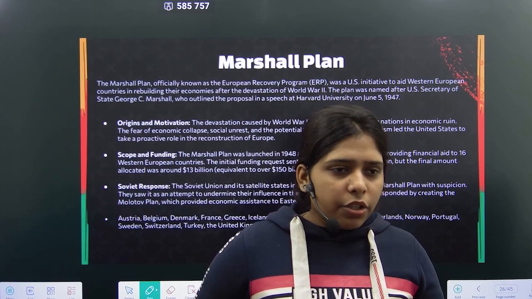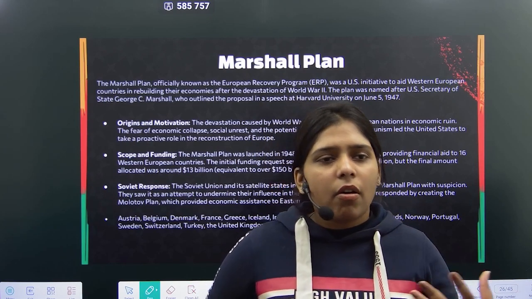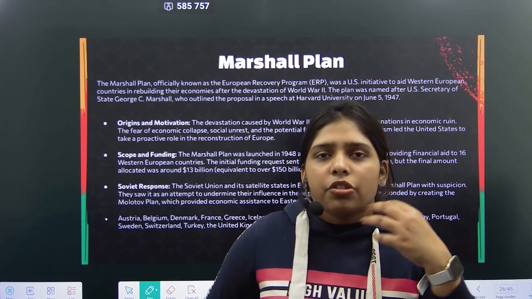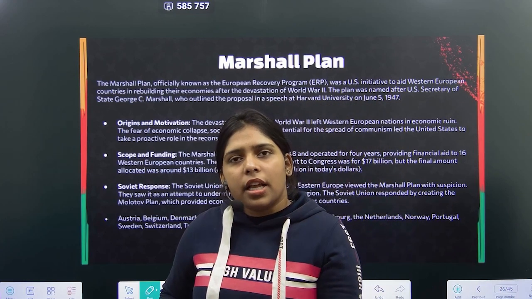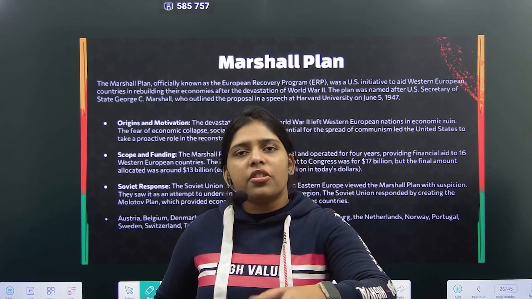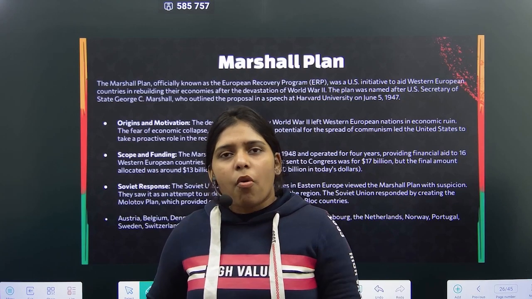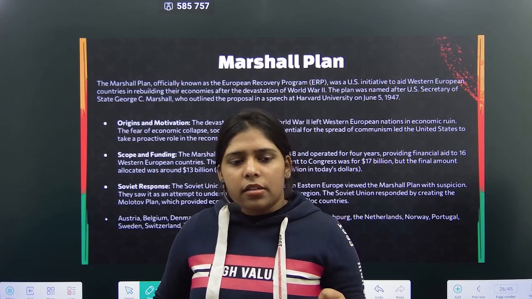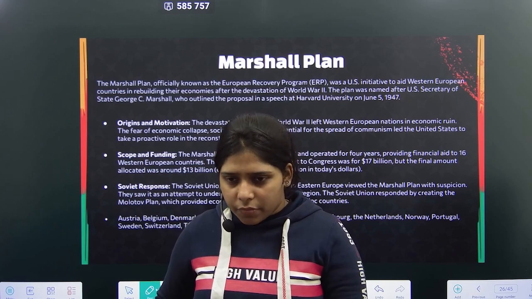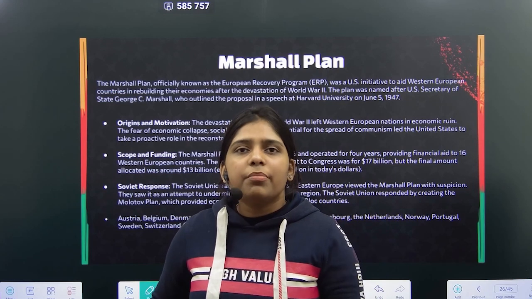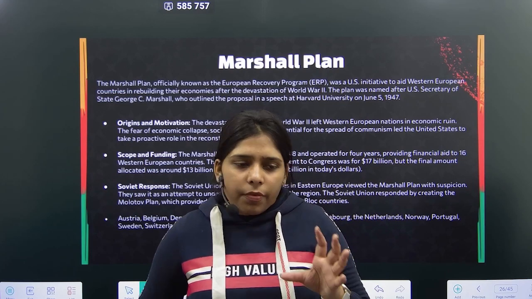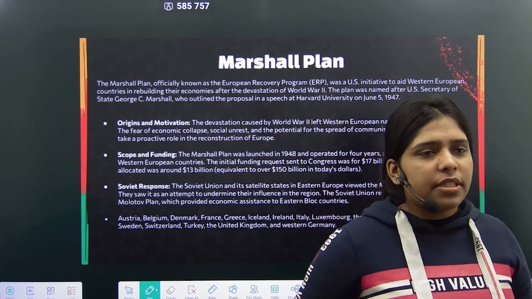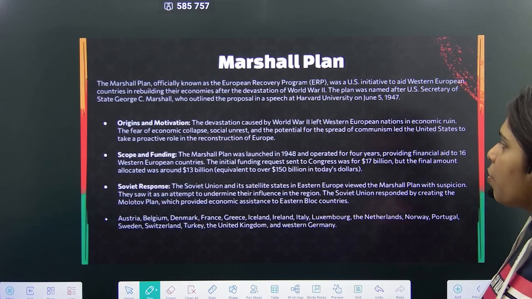So the US stepped in and launched the Marshall Plan so that the US could help the Western countries, and the Western countries would help each other also, to rebuild themselves and establish themselves once again after World War II.